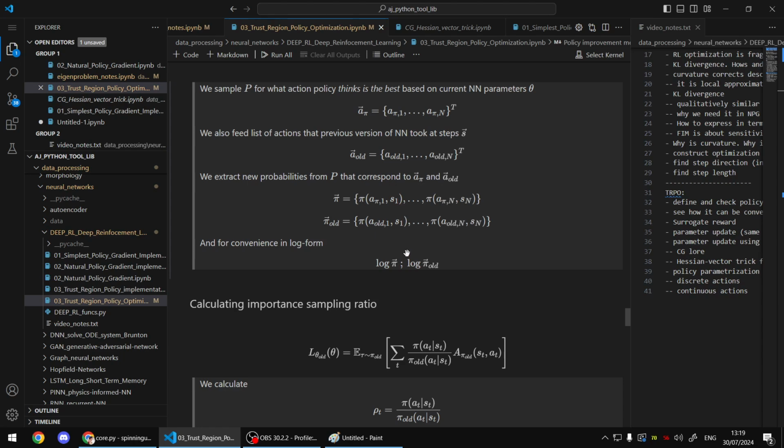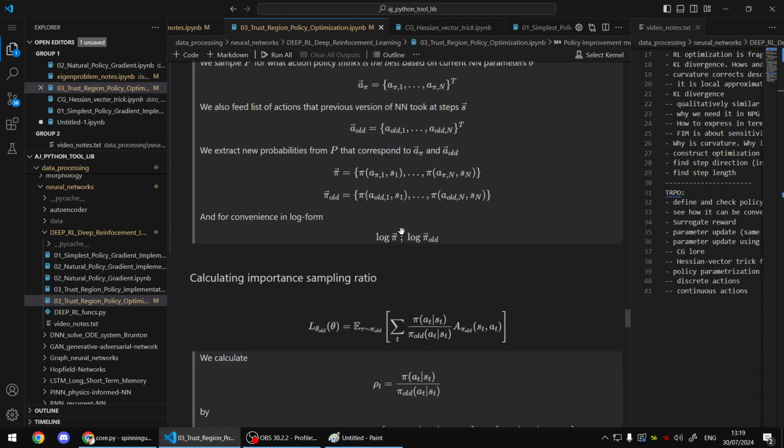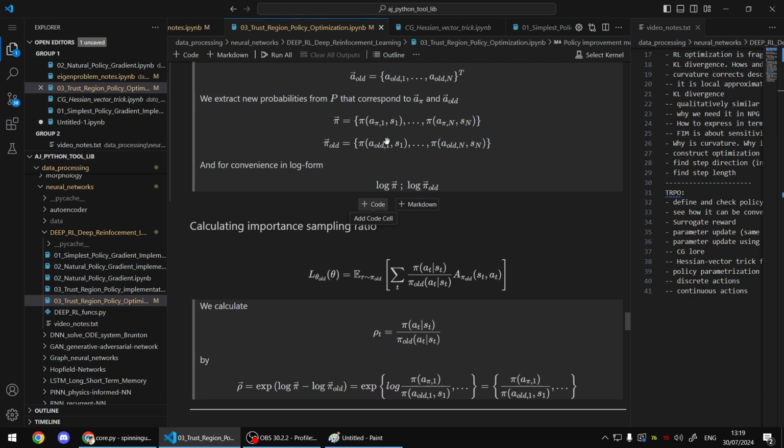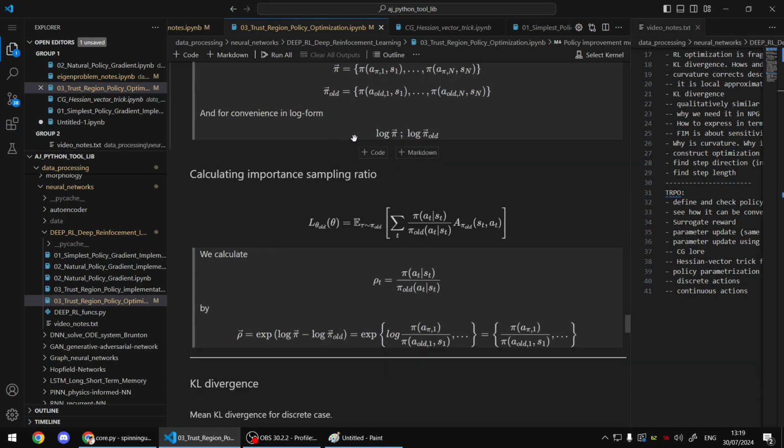But the idea is that we just keep the log probabilities for all the states and actions. Basically, we observe all the states, and then we extract, for all the observed states, all the probabilities of action. Then we take the log probabilities and change our math a bit, using exponentiation or the properties of logs, to get our result.